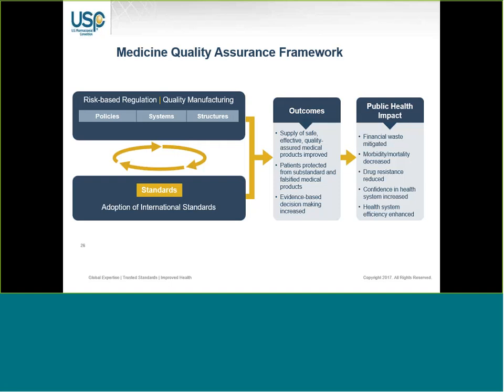And so for risk-based regulation to function well together with quality sourcing or quality manufacturing, you have to have policies, you have to have systems, you have to have structures in place. And in all these, the foundation is standards, international standards. So adoption of international standards is very key and important and frontal in making sure that medicine quality assurance systems function effectively.